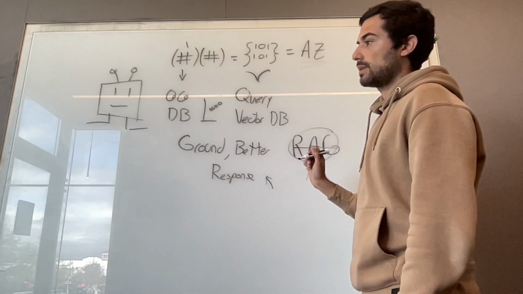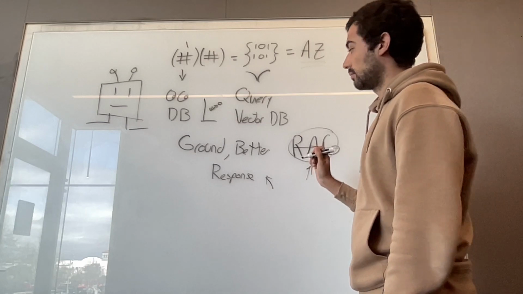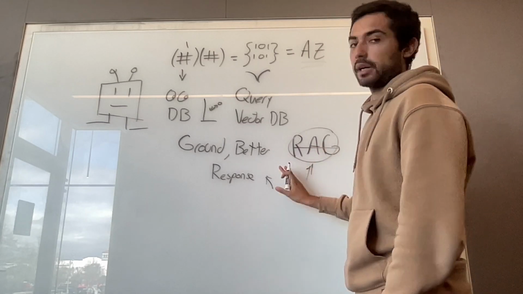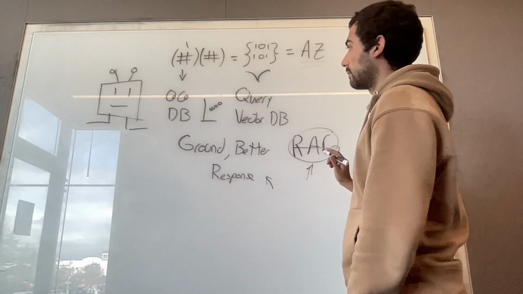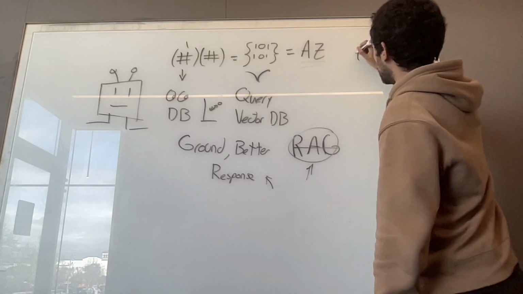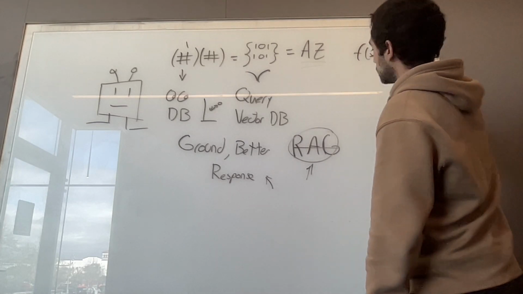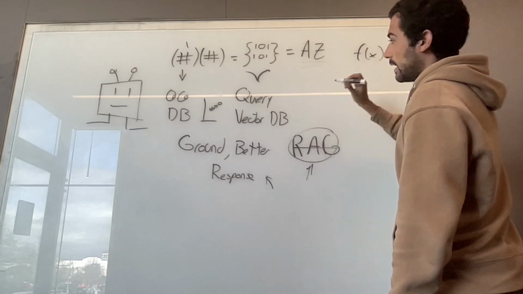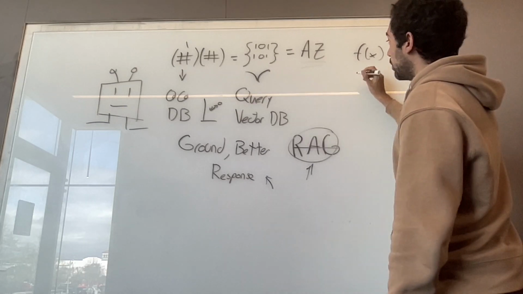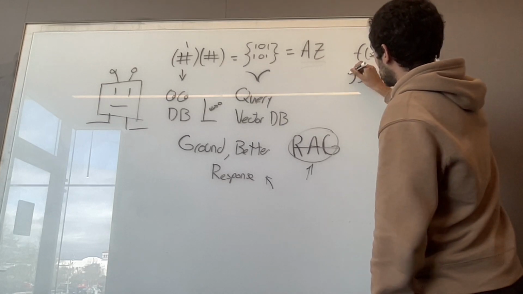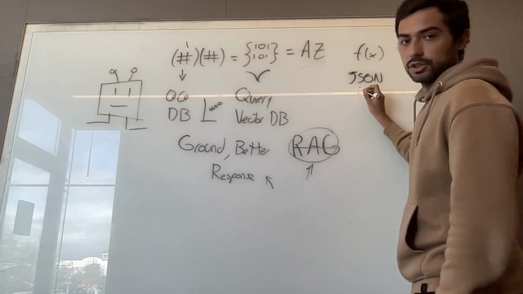Now, other uses that the AI has, between long-term memory and just a grounded response, is the ability to perform functions. So functions are just the AI throwing some JSON. I will explain in a minute what a JSON is.